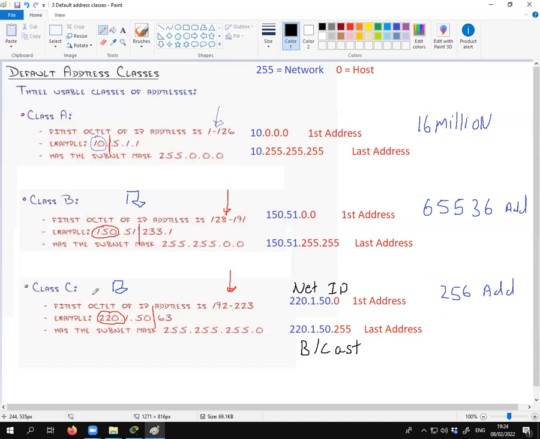This is the same even with Class A, B or C. So this Class C network has 256 addresses. How many devices could you possibly get on this network? 254 hosts.